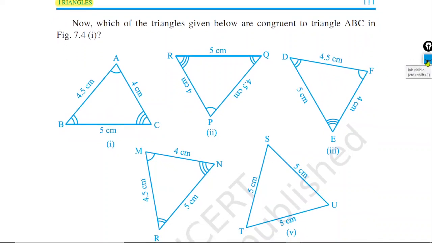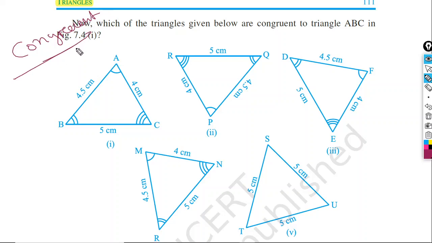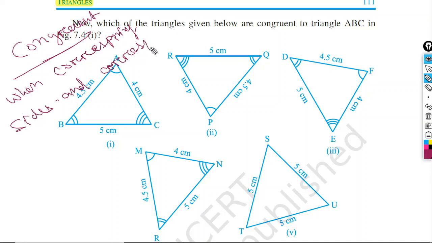In your class 7 and 8, you know about congruency. When we say two triangles are congruent, when corresponding sides and corresponding angles are equal.